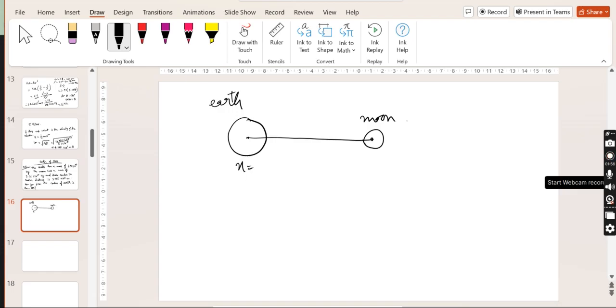So we take its coordinate on the x-axis as 0, and this coordinate is 3.85 into 10 to the power 8 meter.